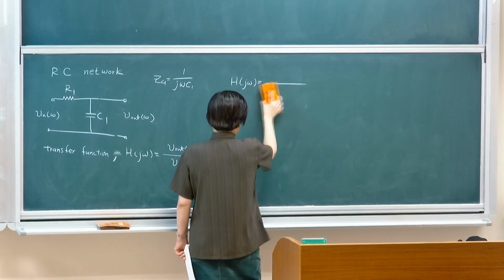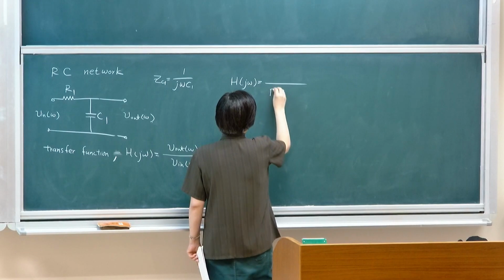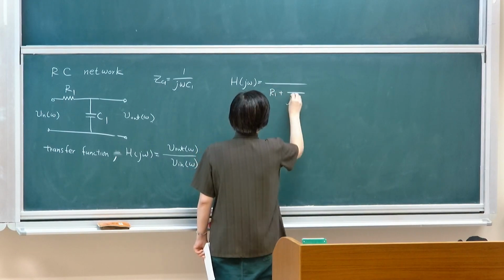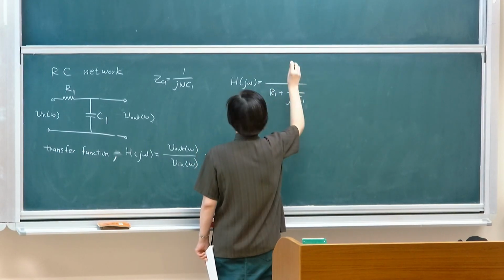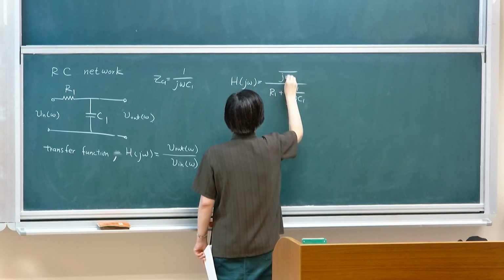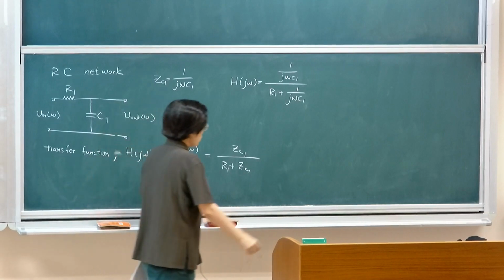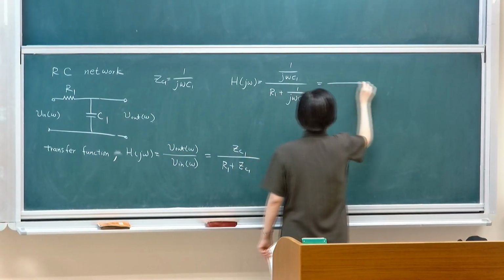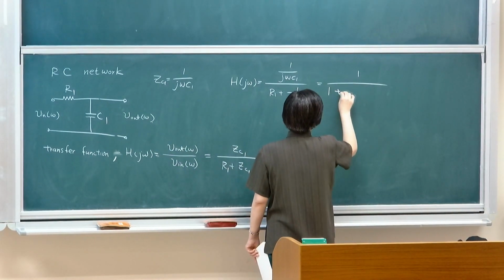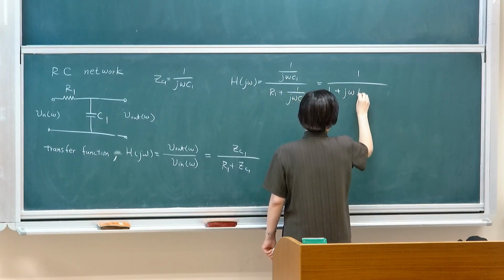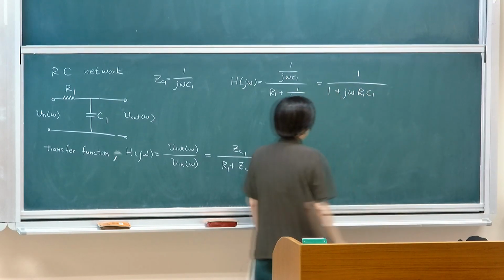Let me just do it slowly. This is 1 over j omega C1 over R1 plus 1 over j omega C1. So this transfer function would now turn into 1 over 1 plus j omega R1 C1.